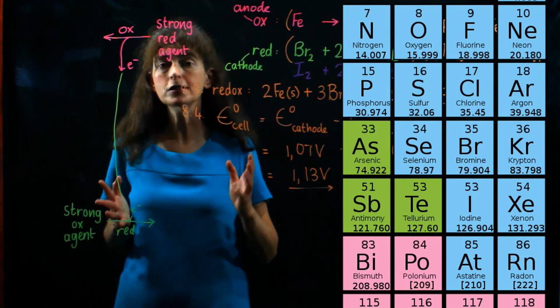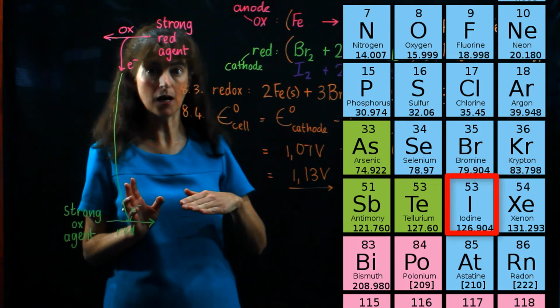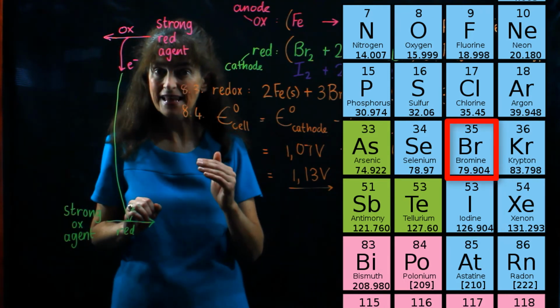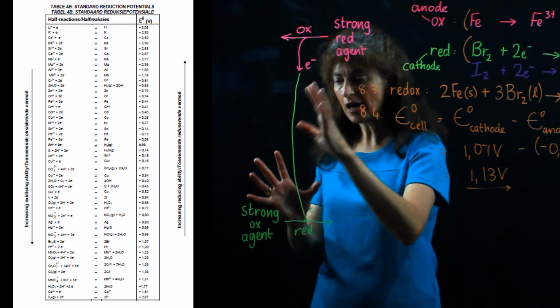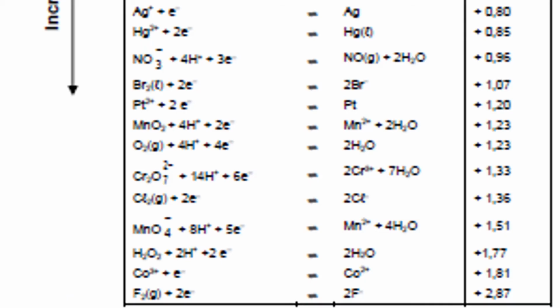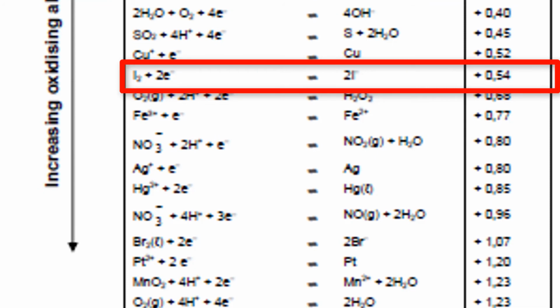So from their positions on the periodic table, we can see that iodine, being lower down, is a weaker oxidizing agent than bromine. Or if we come here to our standard reduction potential table, we see that bromine is lower down on the left than iodine is.